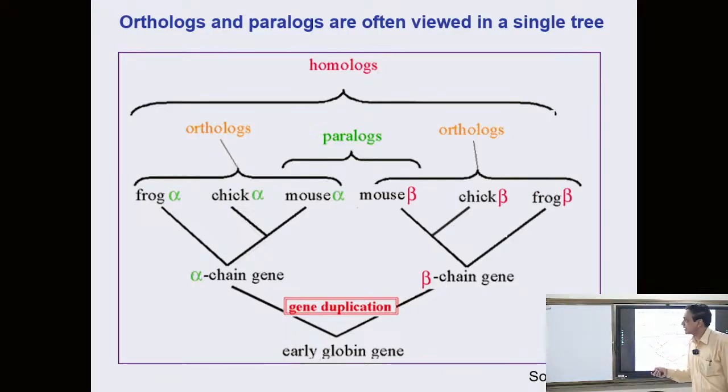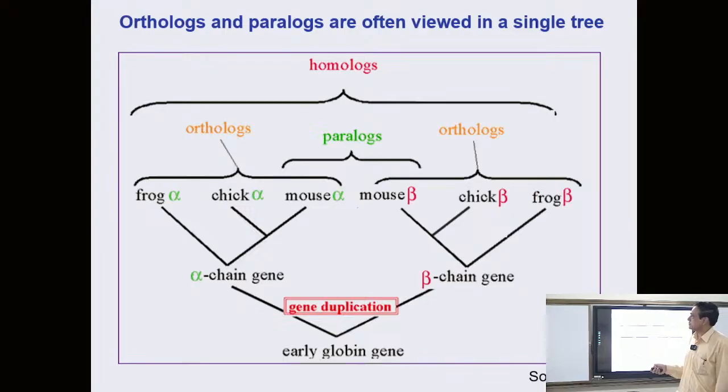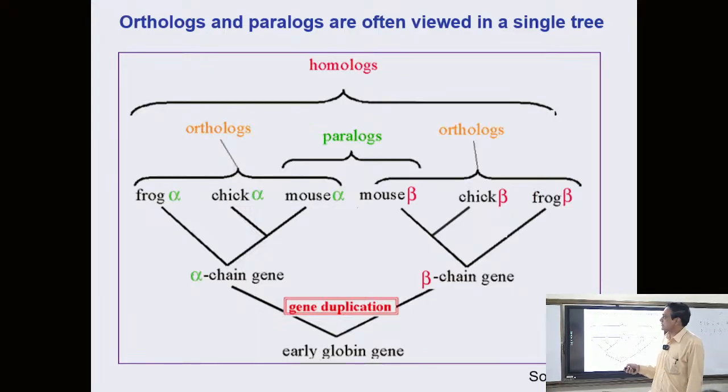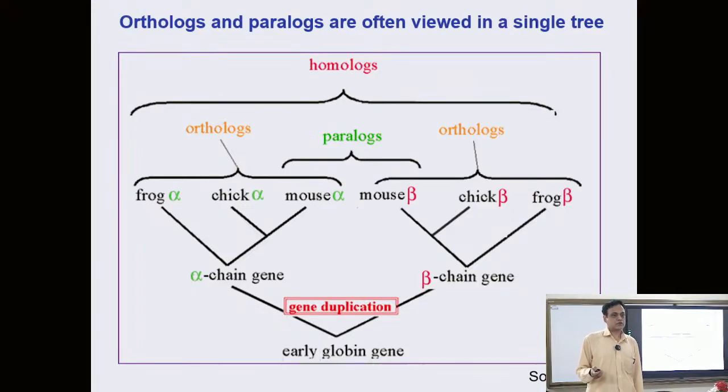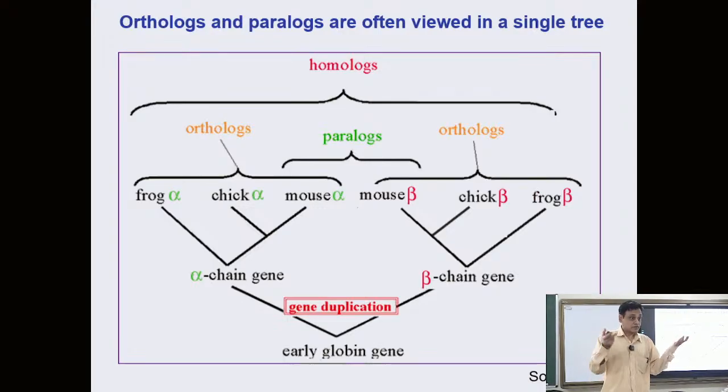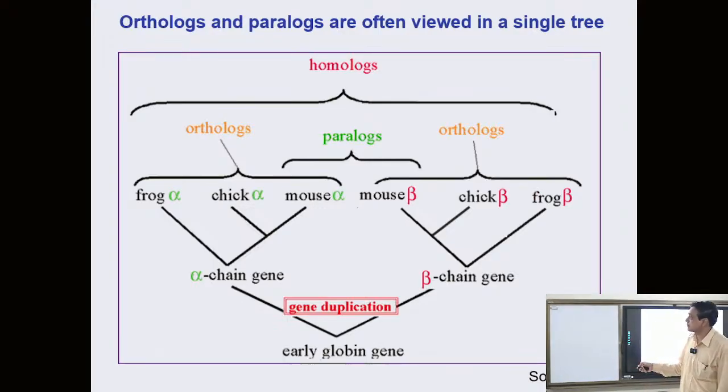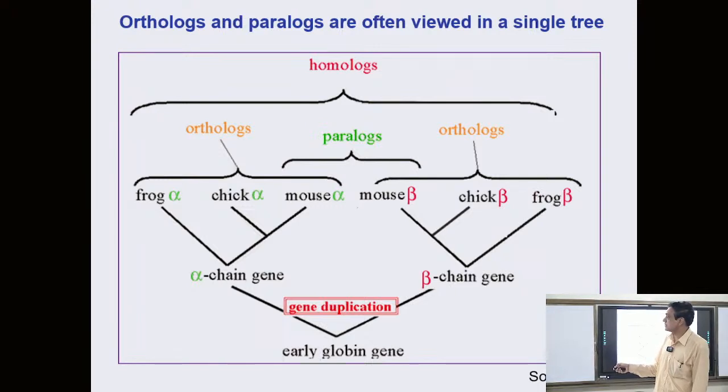For example, if I ask you about frog alpha chain gene and chicken alpha chain gene, let us consider these two only, whether they are paralogs or orthologs. You will start tracing back. Frog alpha chain, chicken alpha chain, I am here and then here and then further here, to where they meet.